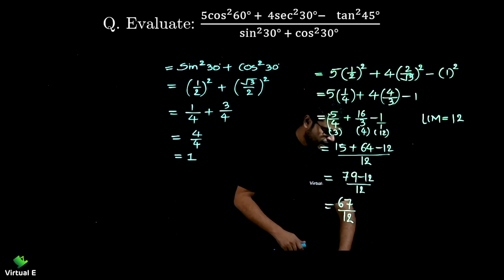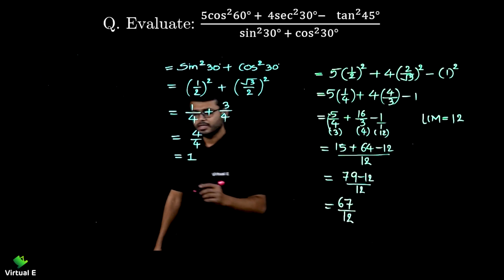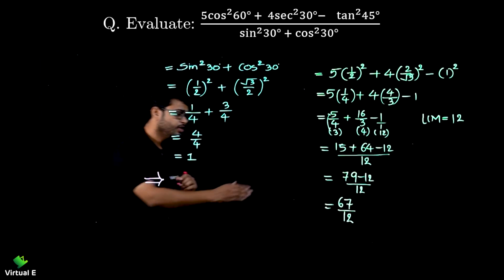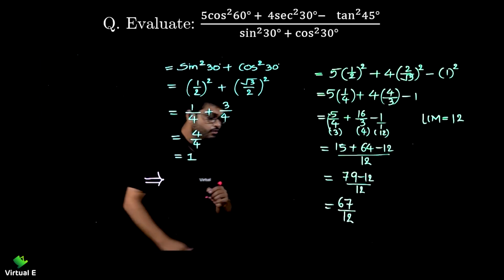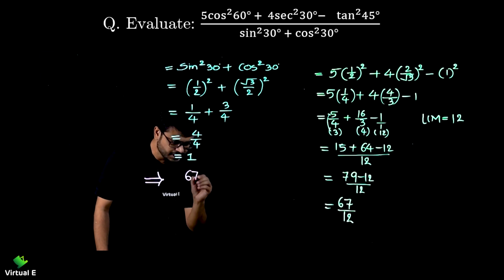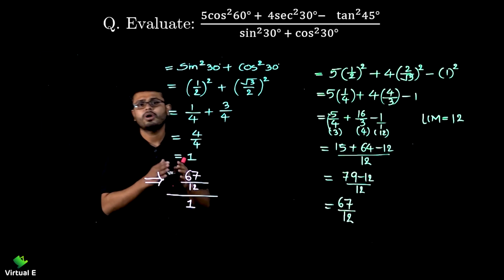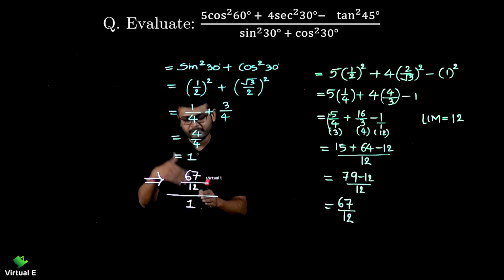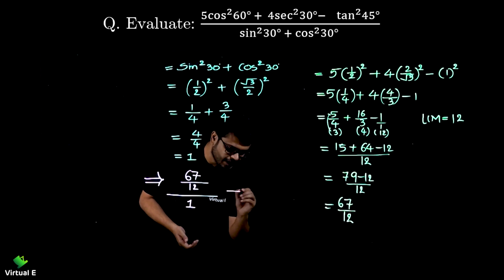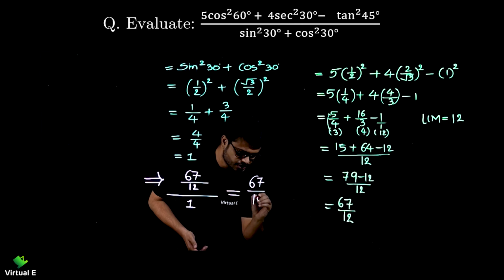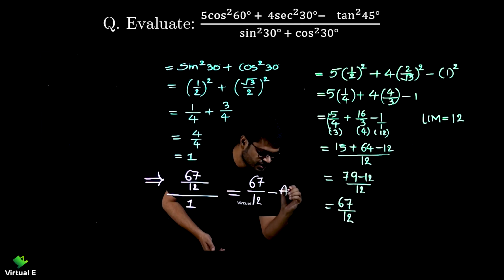Now let's get the final answer. First of all, let's write the numerator. Numerator is 67 over 12, and denominator is 1. So this 12 will come down and multiply with 1. So my final answer is 67 over 12. That's my answer.